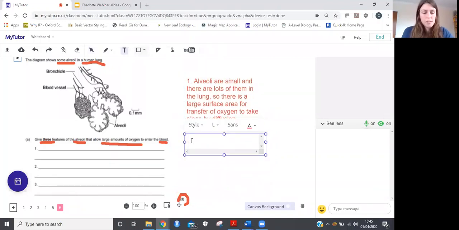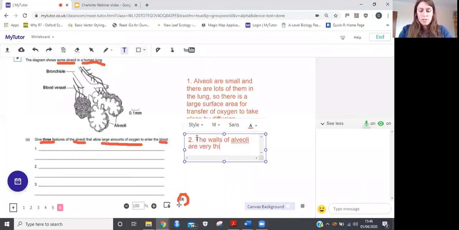Okay, point 2. What was the next thing we talked about? We talked about a short diffusion distance, didn't we? So how do we relate that to the alveoli? Well, the walls of alveoli are very thin, only 1 cell thick.